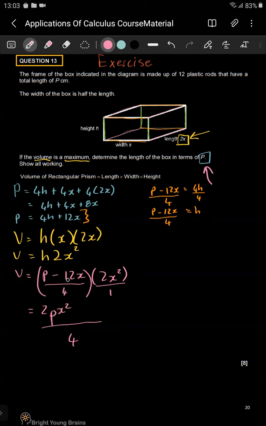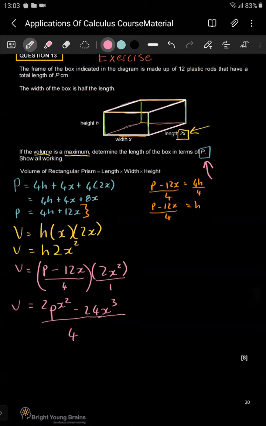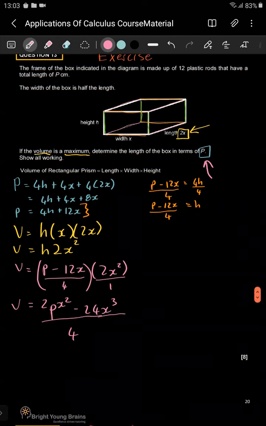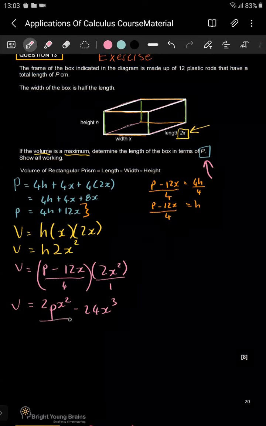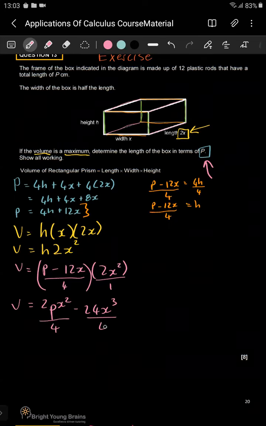And if you multiply it by that, it's going to be negative 24x cubed. It's best if you put everything over 4 individually, because I think it'll be easier to simplify. So this we can put over 4, and this we can put over 4.